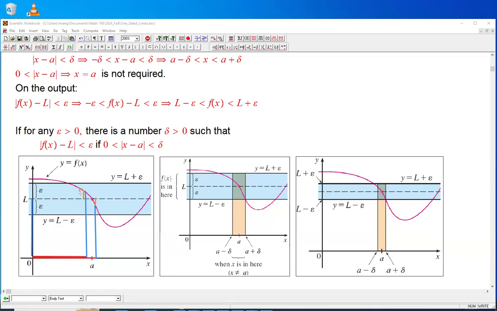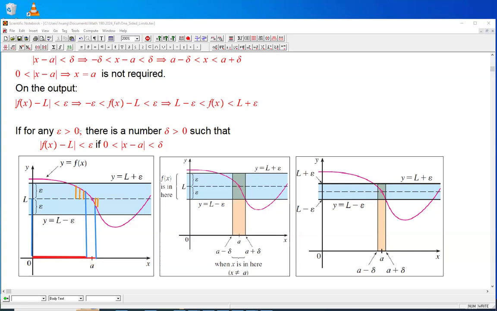So you can imagine there are many such orange differences, which describe, for those inputs, the difference between the output and the limit. Then the question is, can that be realized?